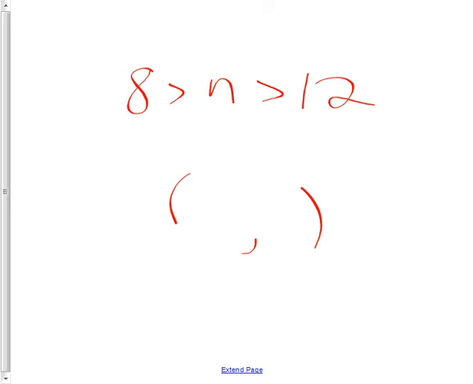Like if I pick a number like 10, is 8 bigger than 10, which is bigger than 12? 10 didn't work, but is there any number you could put in there that would work? 8's bigger than 4, which is bigger than 12. Is that even possible? You'll never see that one. All right. Usually we have less than signs in between there like this.